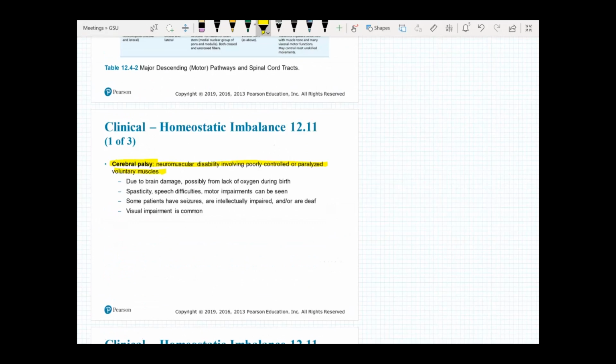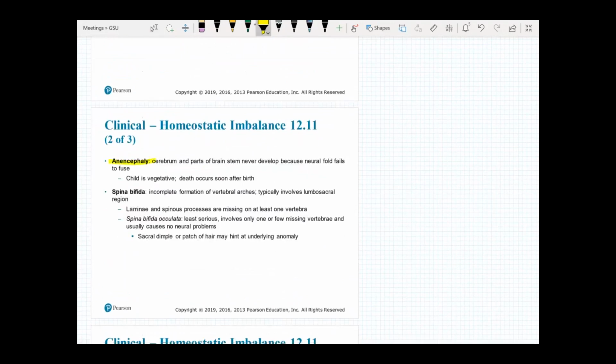So it's usually seen with some sort of spasticity or frequent motor tics or movements because it's a motor diagnosis. You can also have anencephaly, which is where particular parts of the brainstem and cerebellum never develop because it does not fold correctly in utero.